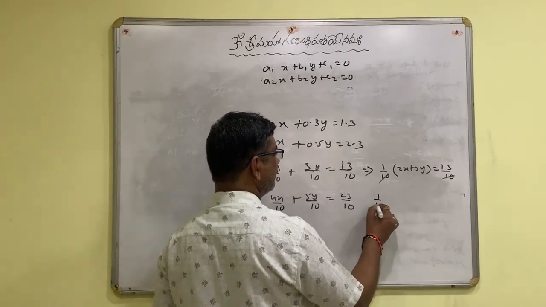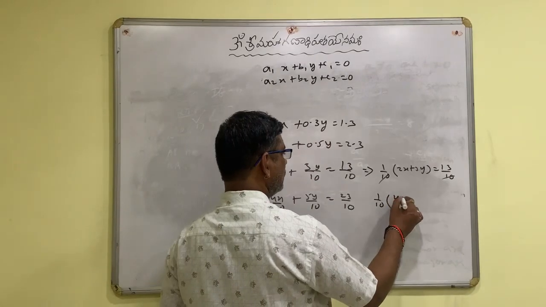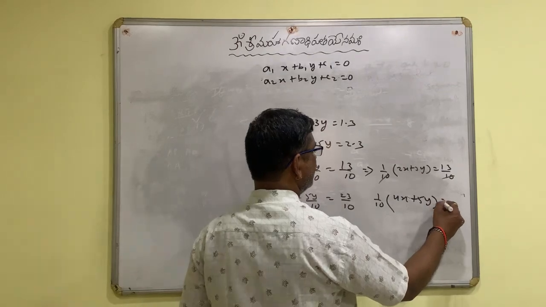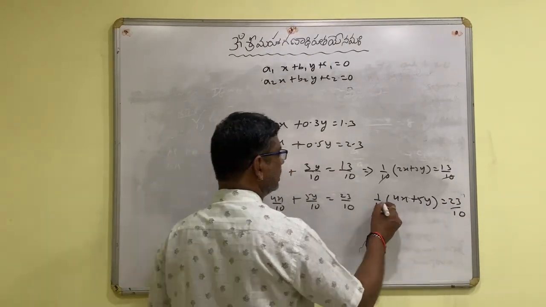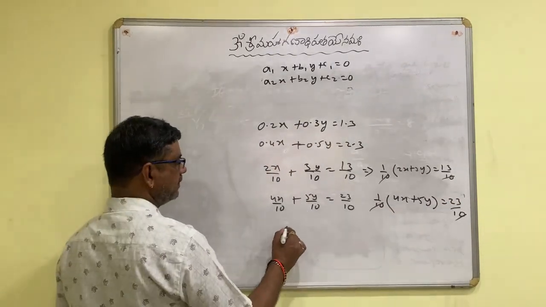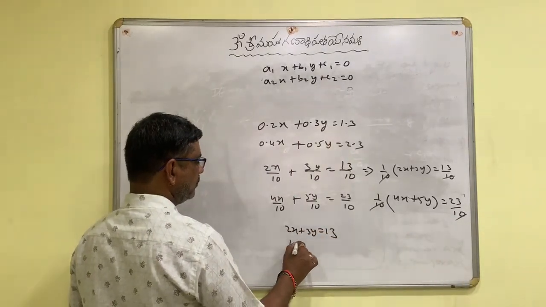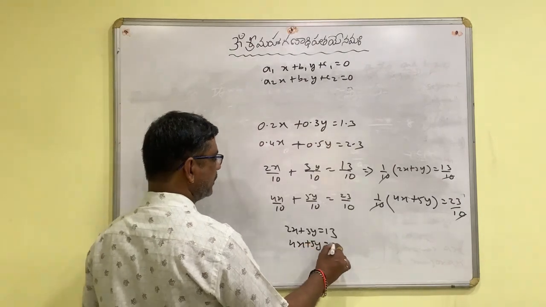And here also, 4x plus 5y is equal to 23 by 10, the 10 gets cancelled. What remains? 2x plus 3y is equal to 13, 4x plus 5y is equal to 23.